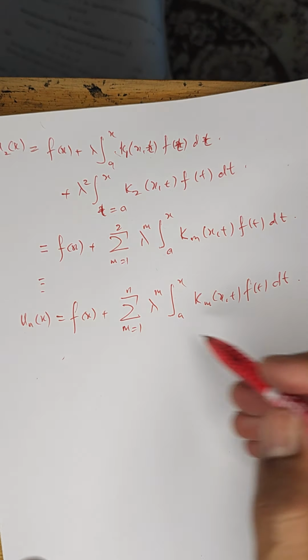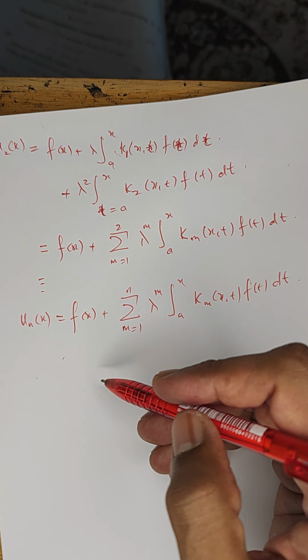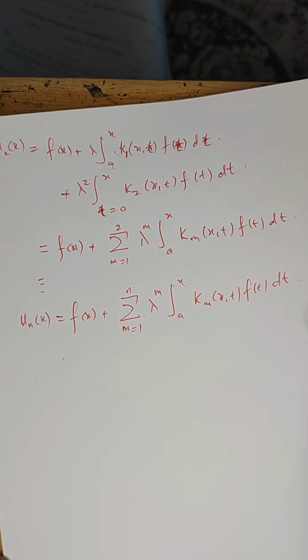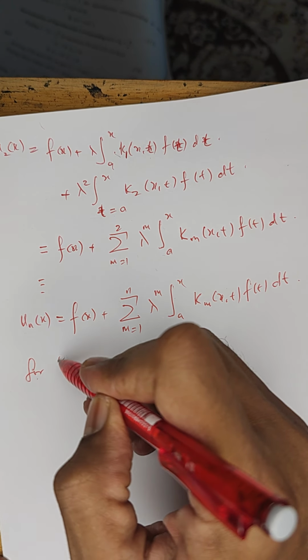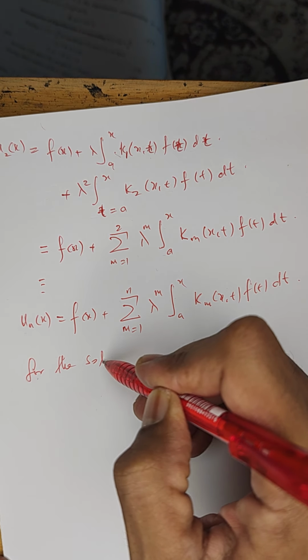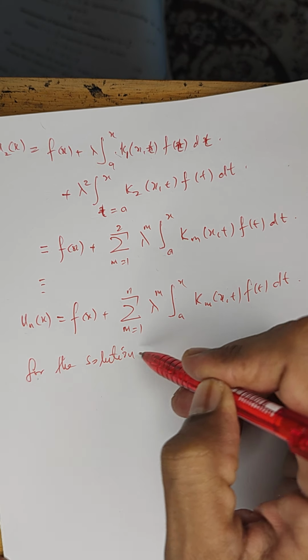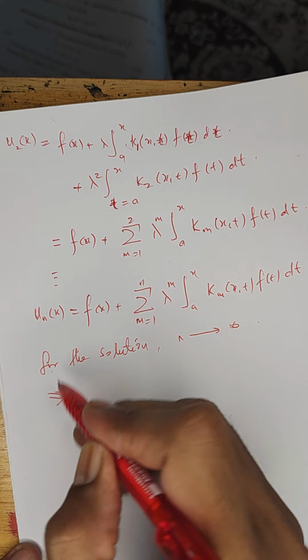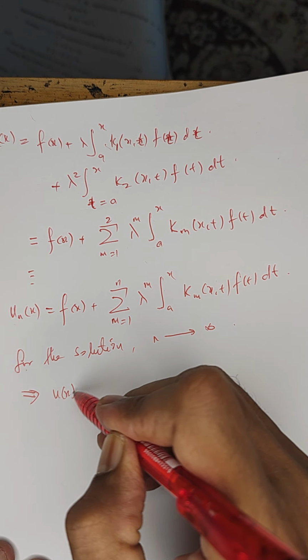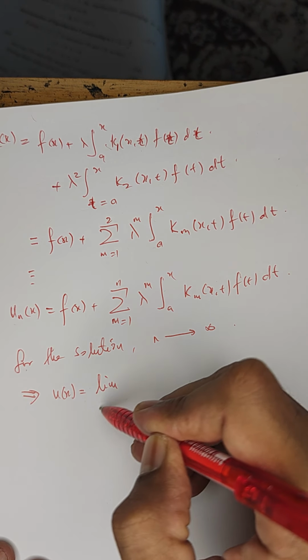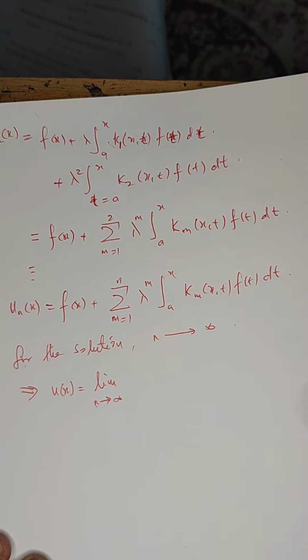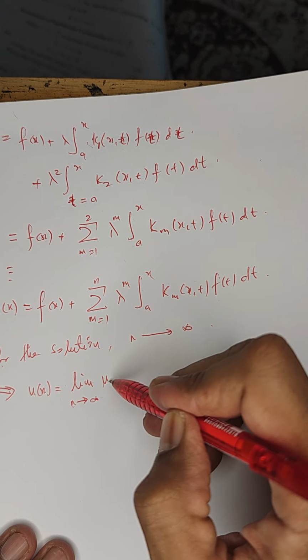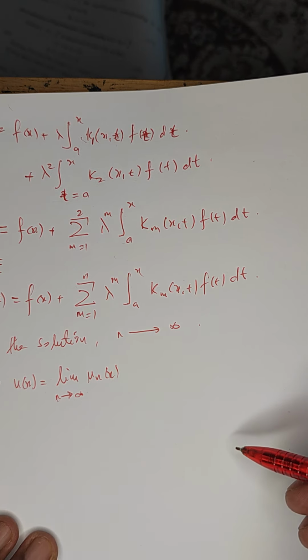Okay, so therefore for the solution, we take the limit n goes to infinity. So what will happen here, we get u(x) is actually the limit n goes to infinity of u_n(x).